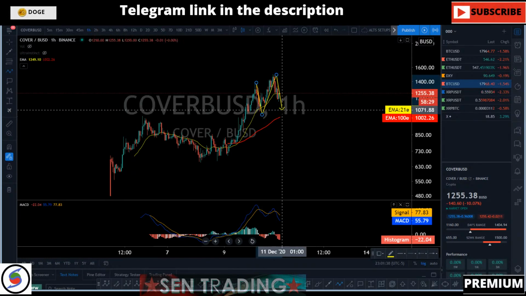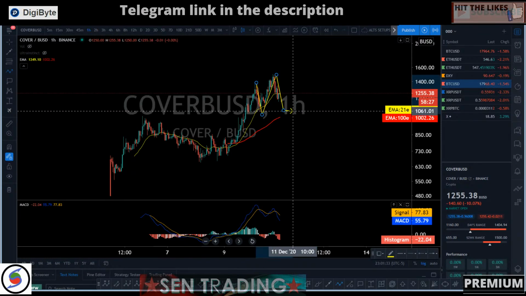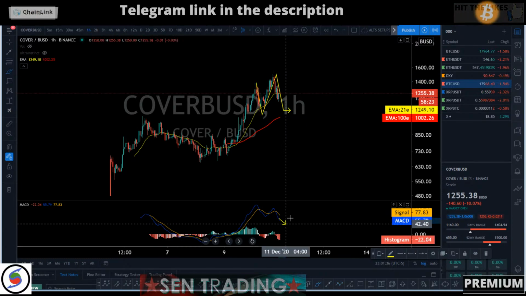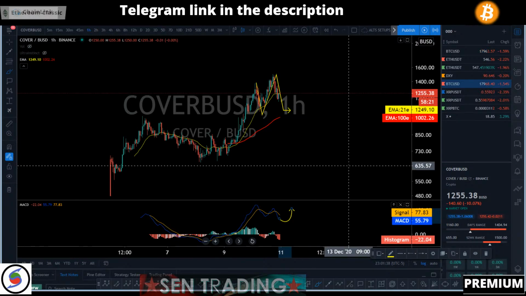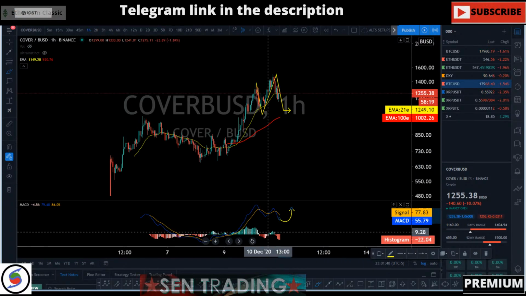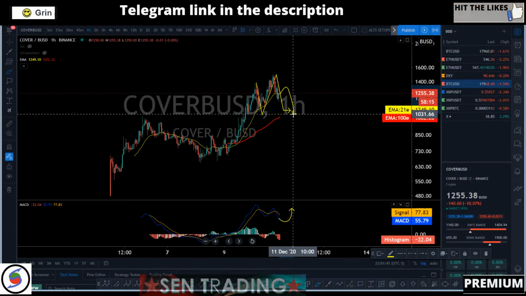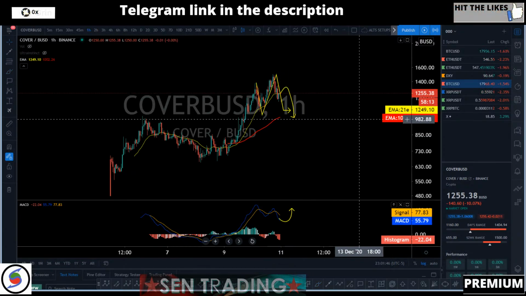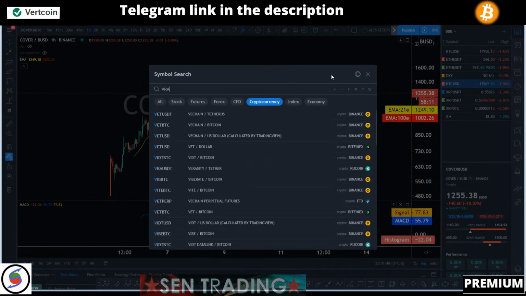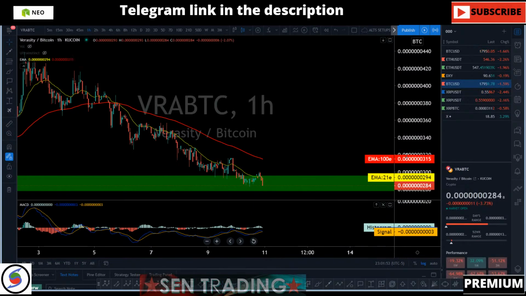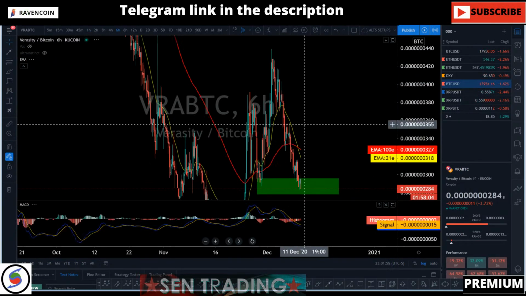So wait for a retest of the bottom, right? And a bullish crossover on your MACD. Otherwise, if you don't get a bullish crossover and you're anticipating another reversal, it can just do this, okay? And I think I talked about it with VAR BTC on a 6-hour basis.